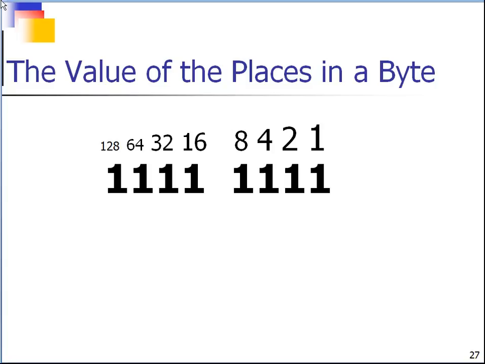And 2 to the 7th is 128. If we were to continue on going to the left, it would be 256, 512, 1024, 2048, 4096, 8192, and I can't do it any further than that in my head.